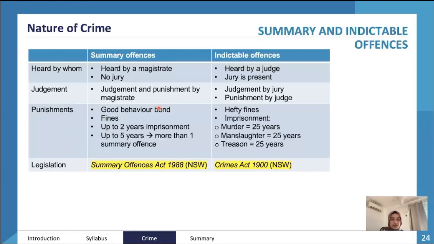So that's obviously a lot more extensive, a lot bigger than the ones that are there for minor. In terms of legislation, we have the Summary Offences Act, which I did discuss earlier, and then for indictable, we just again look at the Crimes Act 1900, New South Wales.